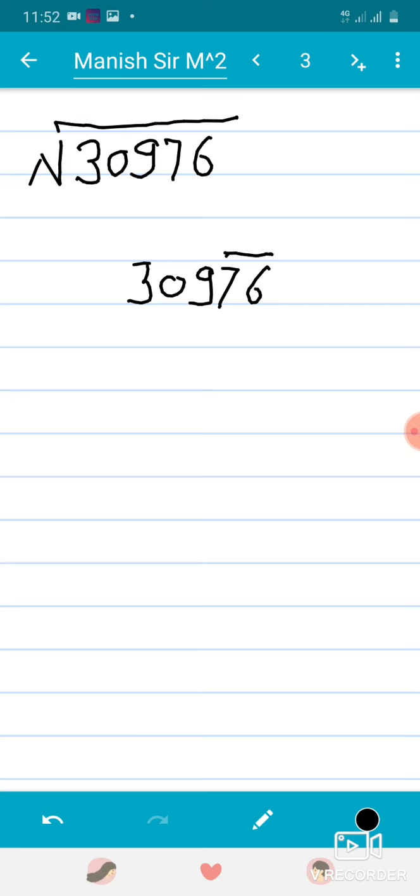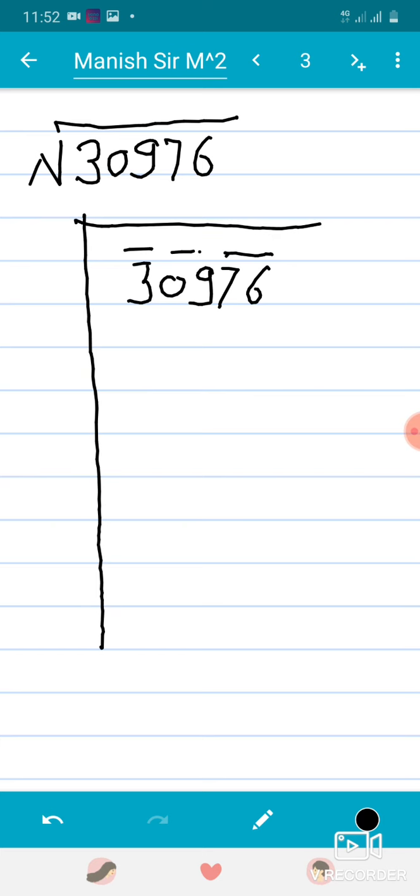First pair is 76, another pair is 09, and the single one is 3. So we draw the division line and find the perfect square less than 3. 2 2s are 4, which is more than 3. So the division will go only 1 time.